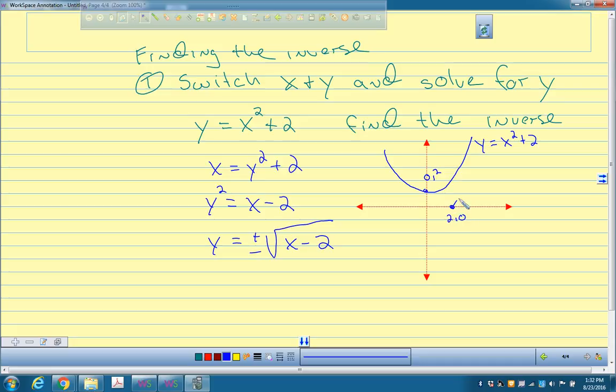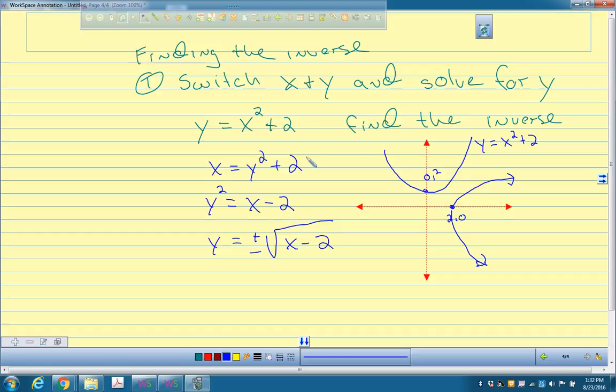And it's going to go like this. This is the top half and this is the bottom half, okay? Is this a function? No. This is not a function because it doesn't pass the vertical line test, right?